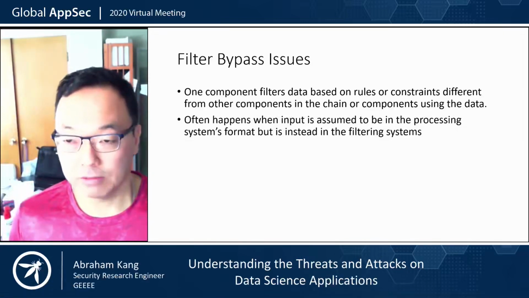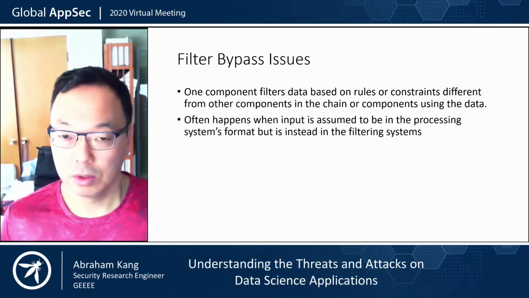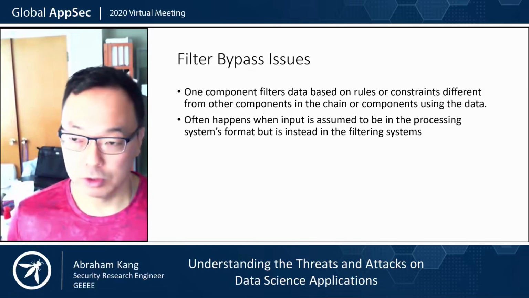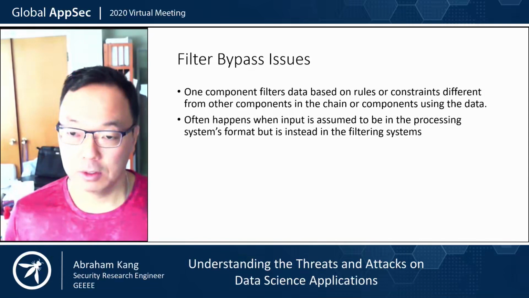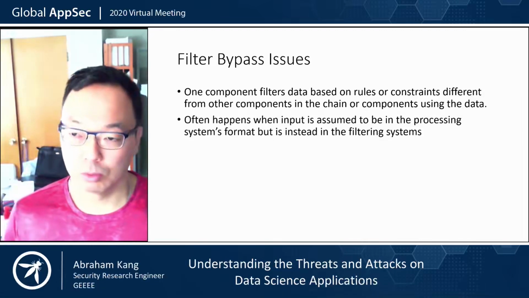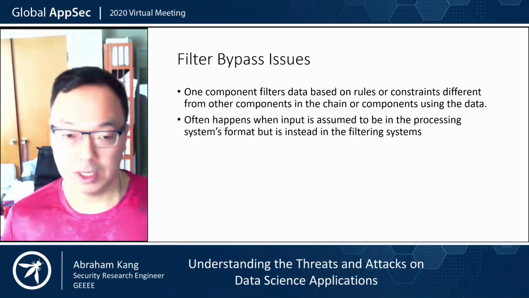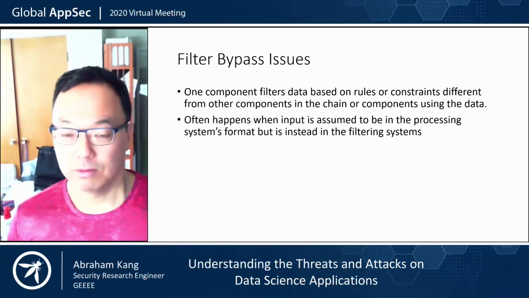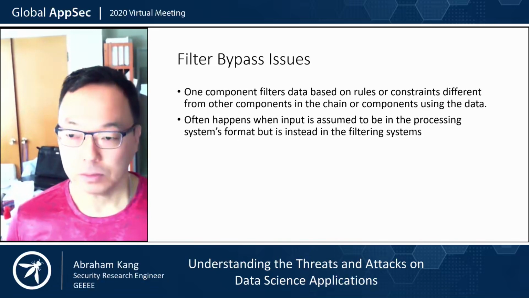You see this often in HTTP request smuggling, cache poisoning, or HTTP parameter pollution. Basically, you've got a chain of components operating on the data, and they have different assumptions or rules or constraints that they're working with. And so this mismatch is when you can get around certain filters, right?